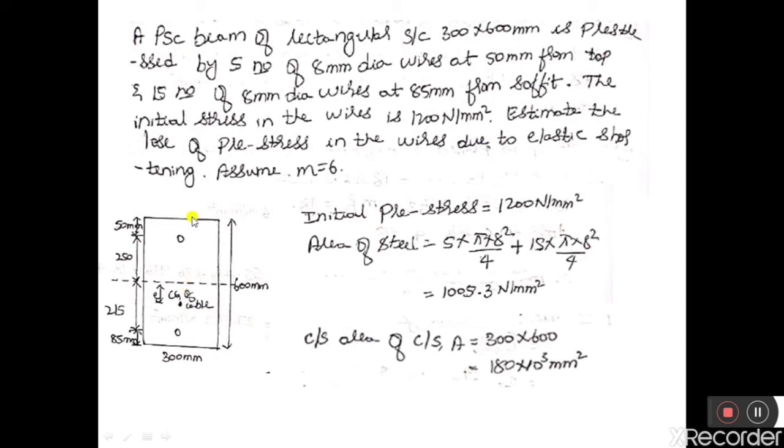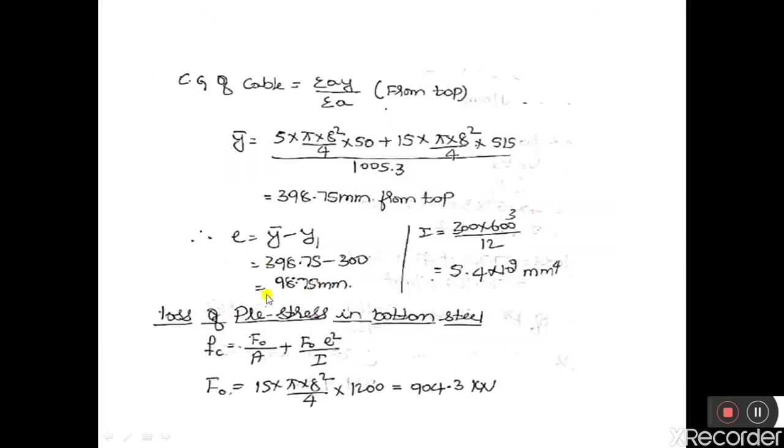Therefore y bar minus 300 gives me the eccentricity e. So eccentricity e is equal to 98.75 mm. I, moment of inertia, is equal to 300 into 600 cube by 12, that is 5.4 into 10 to the power of 9 mm to the power 4.